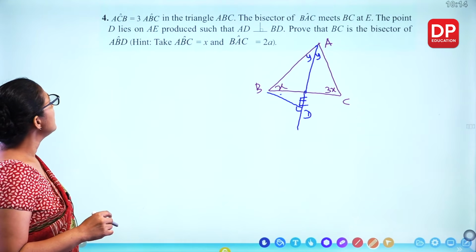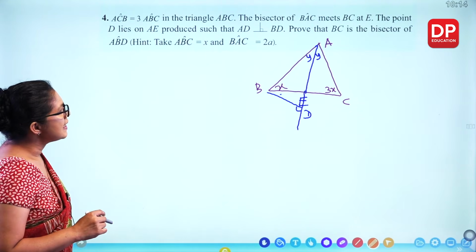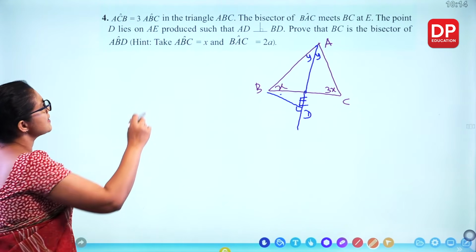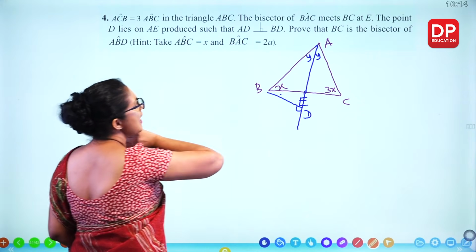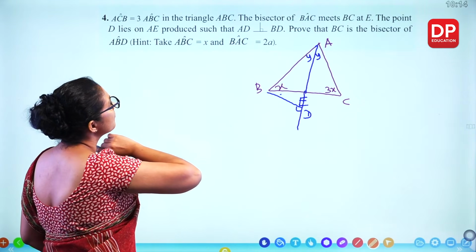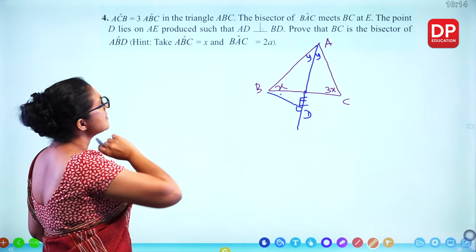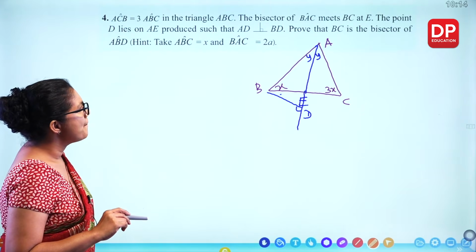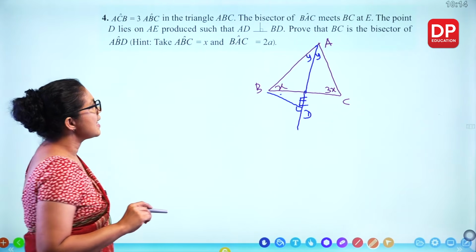So they are given ABC, take as X, BAC, take as 2A.